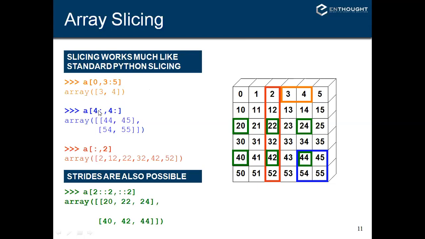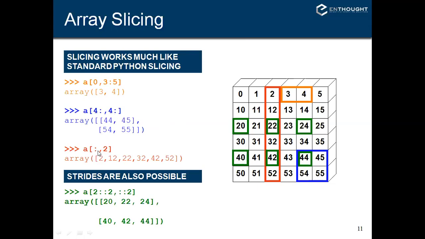Now again I wish to talk about A of 4 colon, right? Of course this wants 4 colon of data. So what exactly are these 4 locations? Let's check it out. Exactly from where it is talking about 4 comma 4. So this particular information is talking about 44, 45, 54, 55, right?